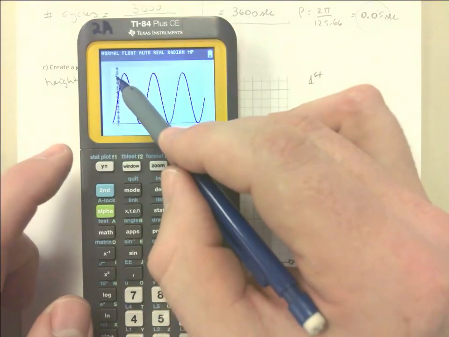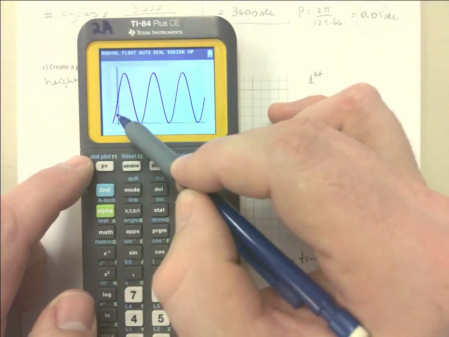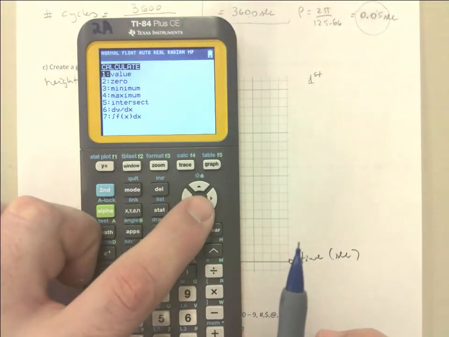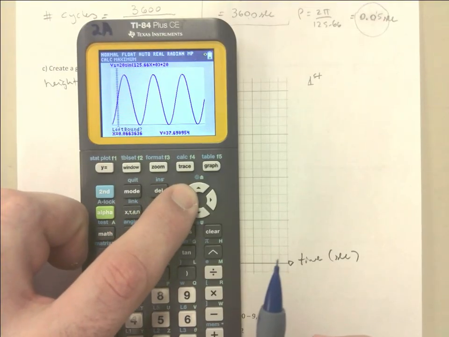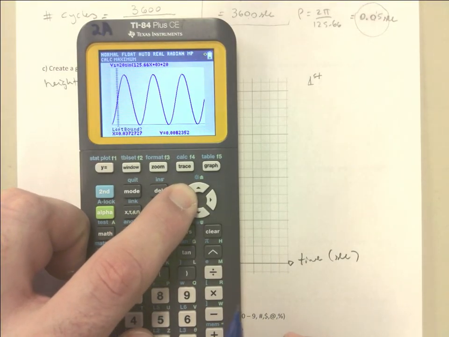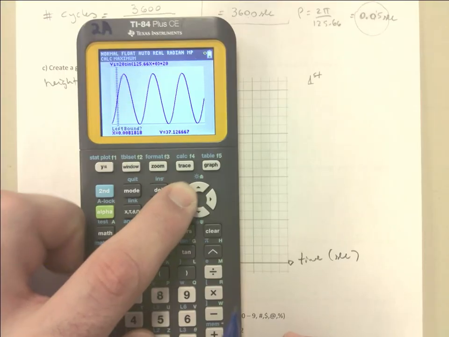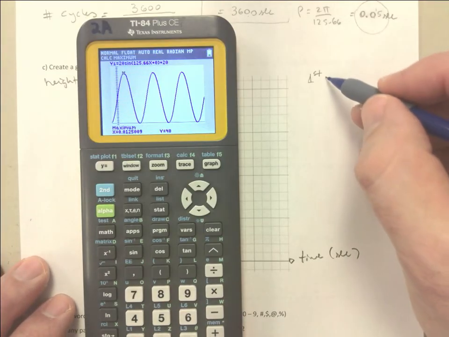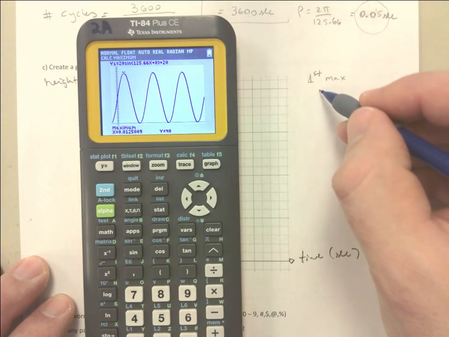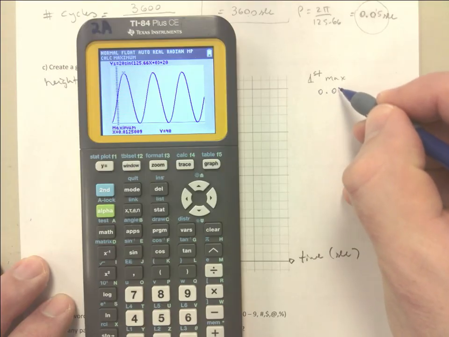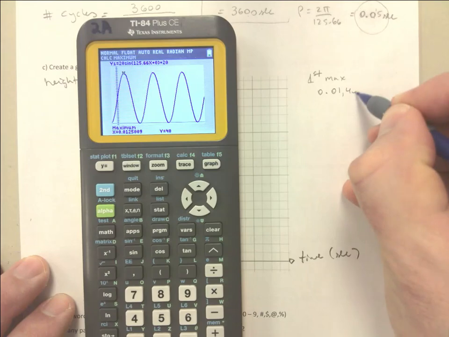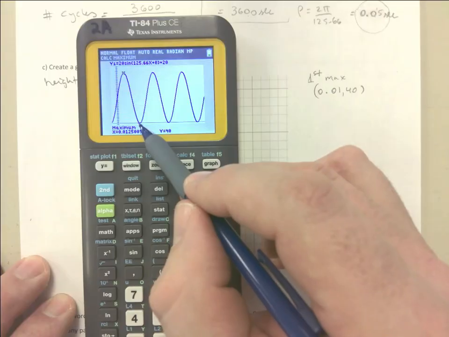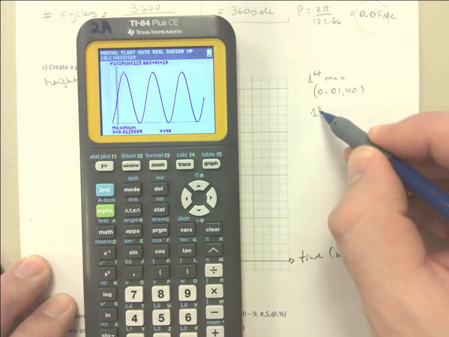And in this case, if this is my starting point, the y-axis, I have a max first. So I'm going to go find it. Second trace max. Let's go to the left of it, to the right of it. And so the first max is 0.0140. And I'm going to find the first min as well.